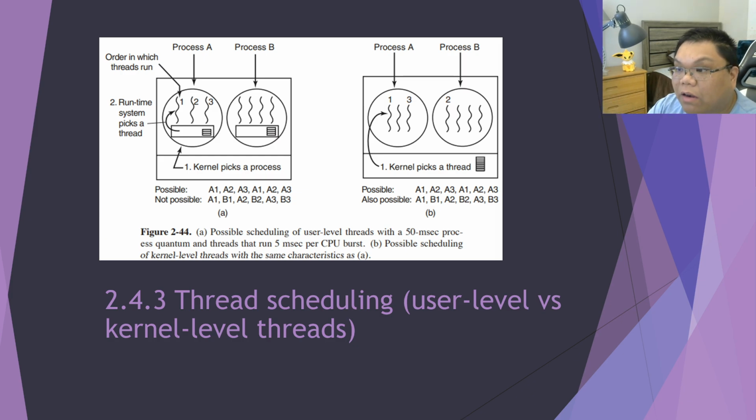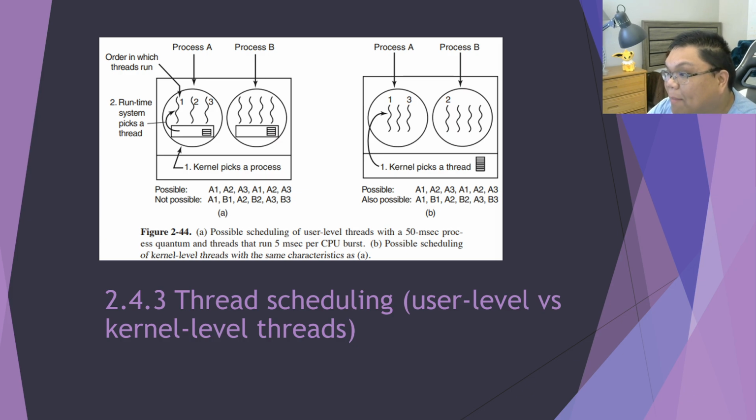What cannot happen is thread 1 of process A running followed by thread 1 of process B running. That cannot happen under user level threads, but it can happen with kernel level threads.